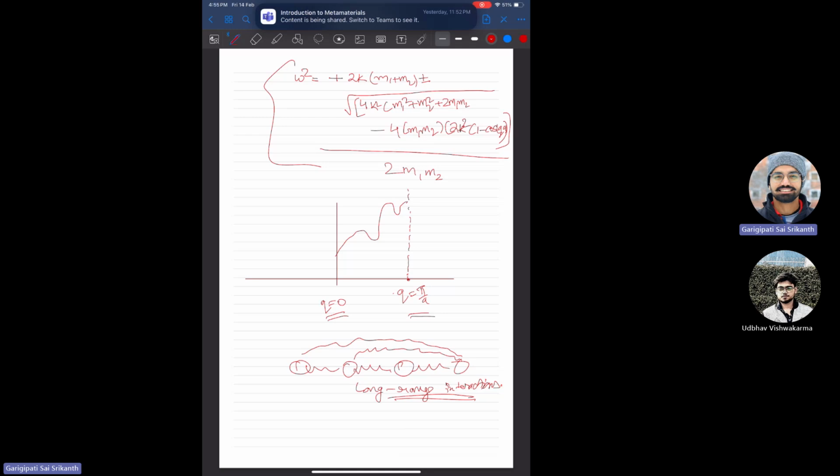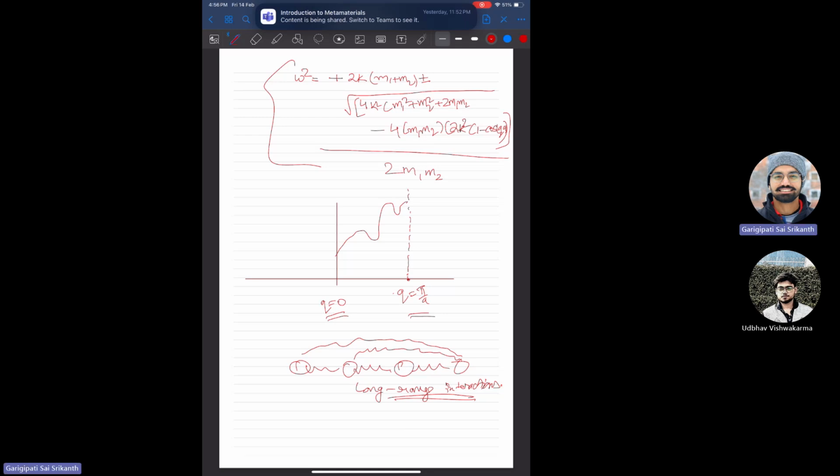Typically one of the cutoffs will be at omega equal to 0. You can find that out when you put q equal to 0. Then cos of 0 is 1, so this entire bracket disappears, and this minus the same thing means omega is 0. The other one is this plus the same thing by 2m, so that will be the other value.